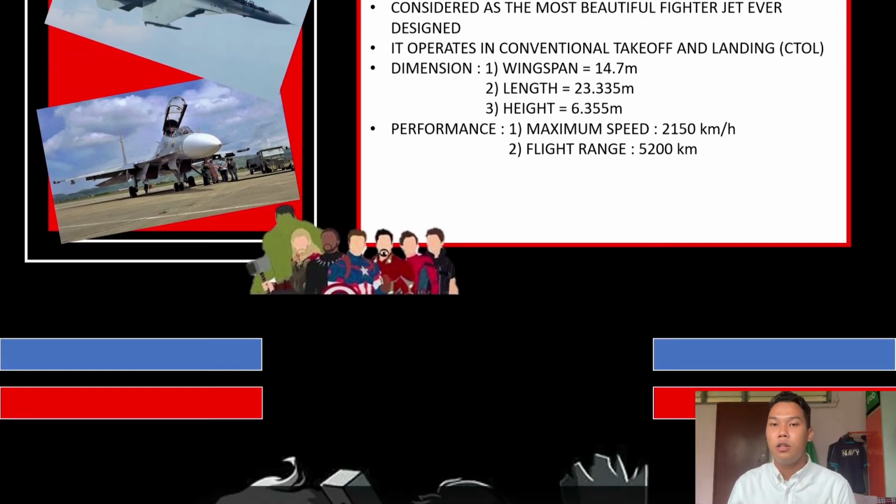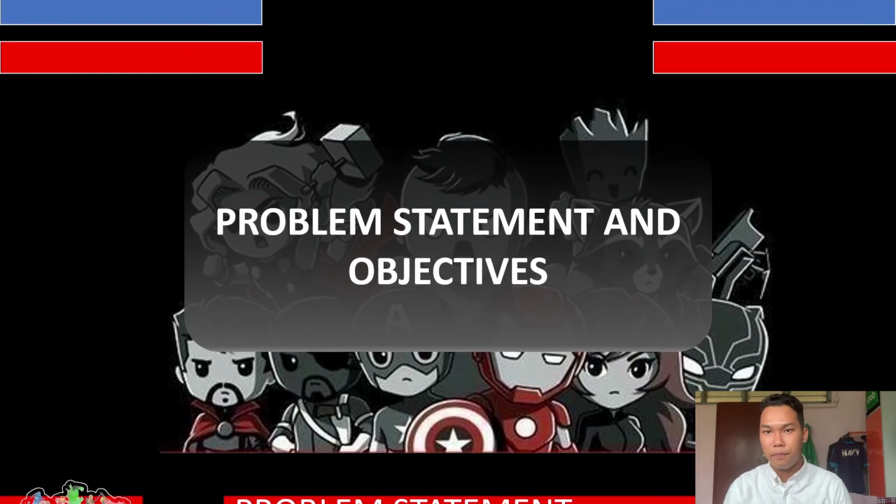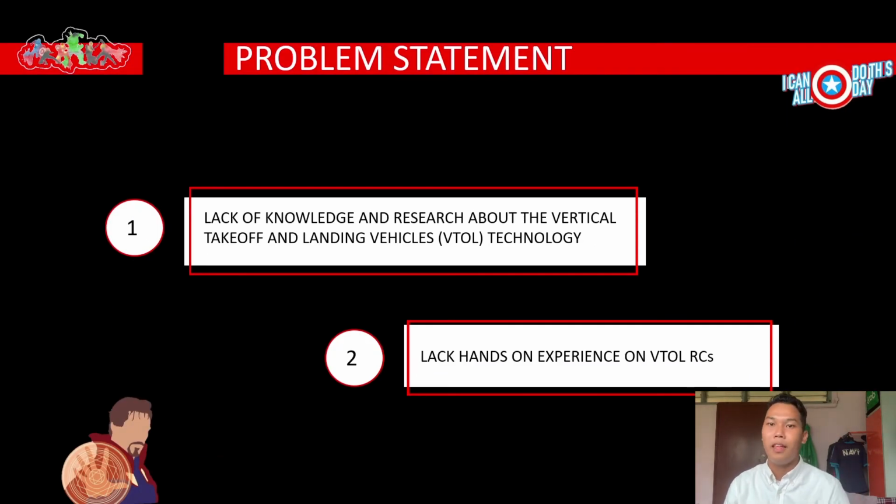Next, we're gonna go to the problem statement and objective. There are two problem statements that I can state here: we lack knowledge about vertical takeoff and landing vehicle technology, and the second is the lack of hands-on experience with vertical takeoff and landing RC vehicles.